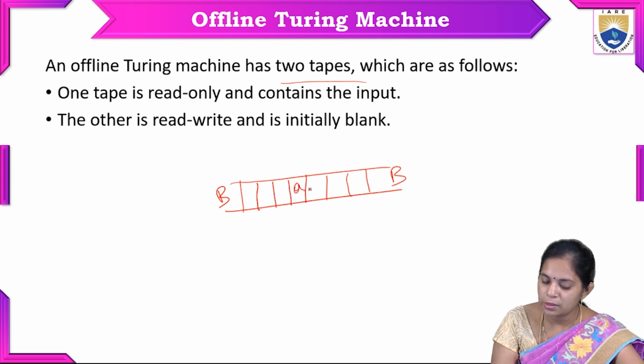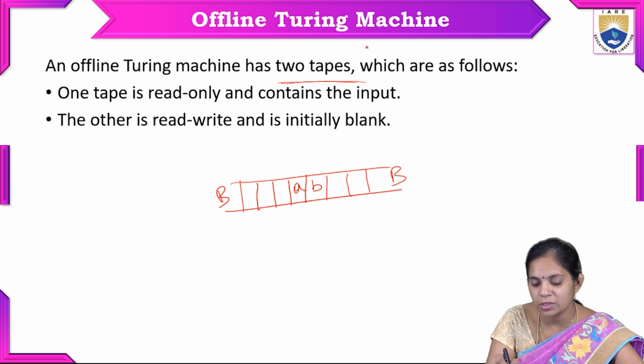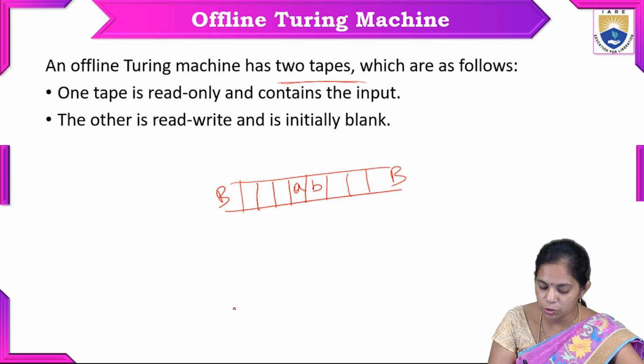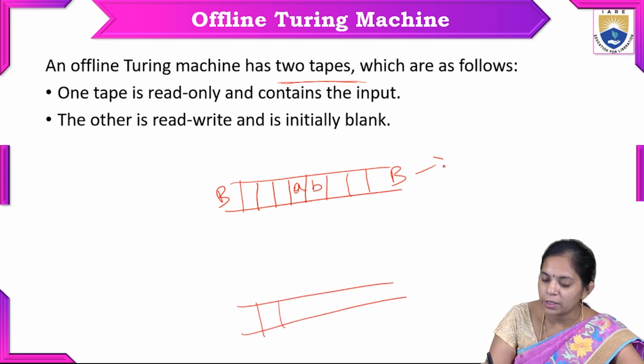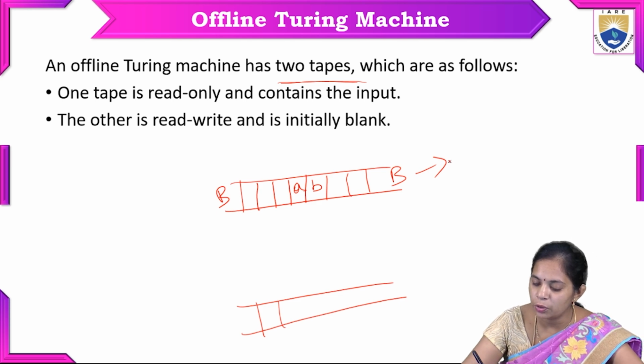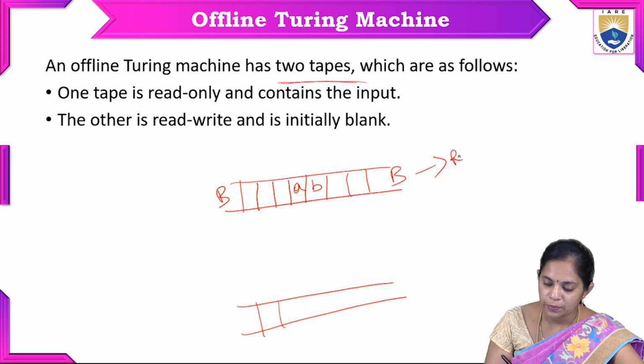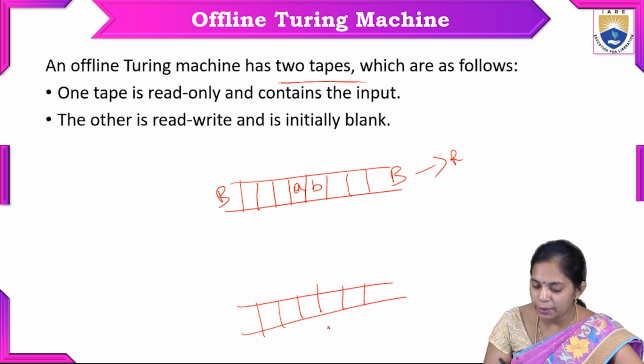Here A is there, B is there. The first one is read only, and it contains the input value. Here the other is read and write, initially blank.